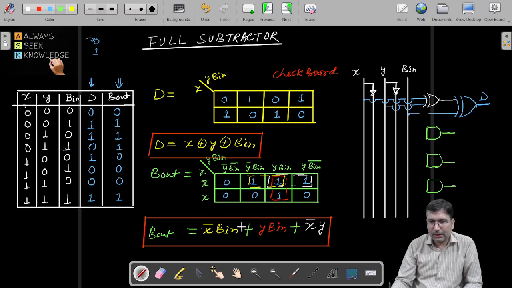We are having X bar B in. So X bar we can get from here. This is X bar, connected like this. And B in is here. So this is B in, right? Then Y B in. So Y is here.